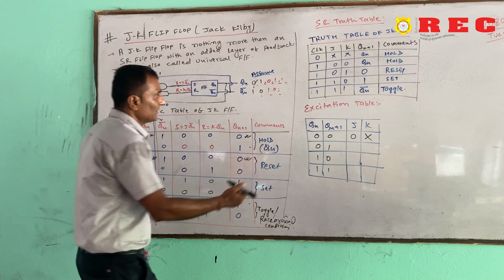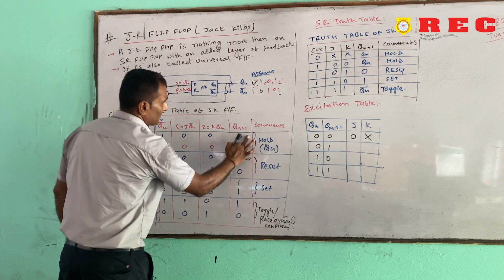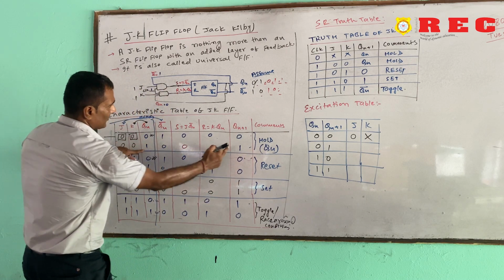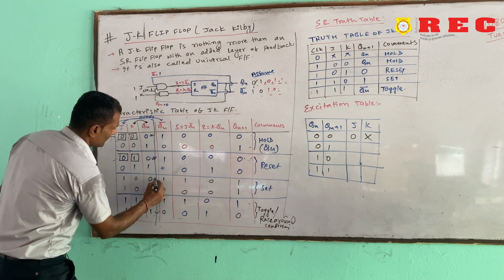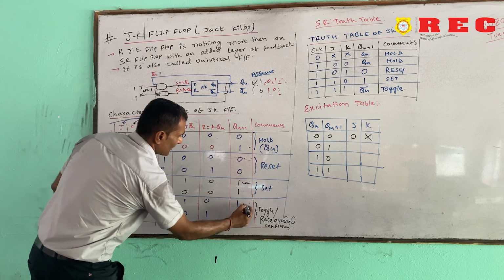Now, the next, when the value of Qn and Qn plus 1 is 0 and 1, what happens? See, 0 and 1. Here is 0 and here is 1, and another here is 0 and here is 1.